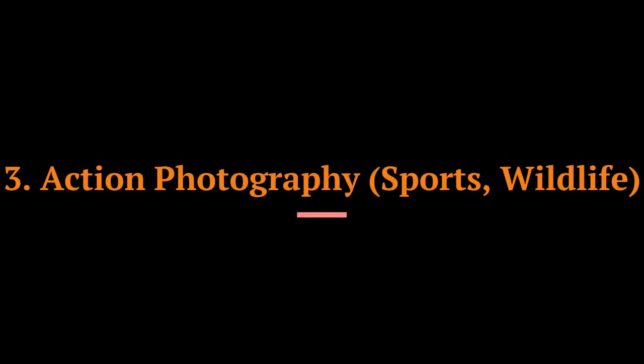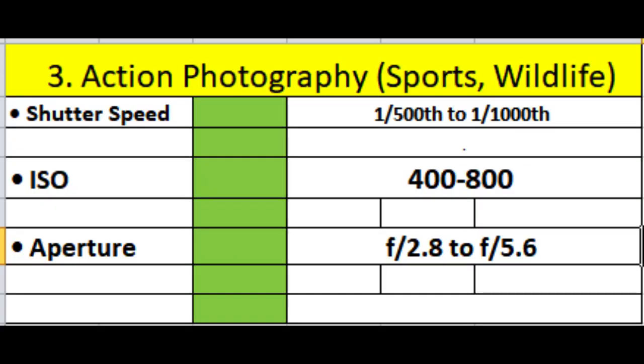3. Action photography, sports, wildlife. Shutter speed: Use fast shutter speeds to freeze action. Start around 1/500th to 1/1000th of a second, or even higher if needed, to capture sharp images of moving subjects. ISO: Increase the ISO to achieve a faster shutter speed while maintaining proper exposure.